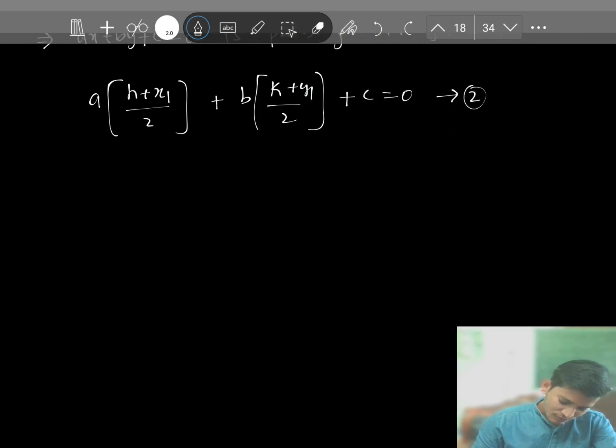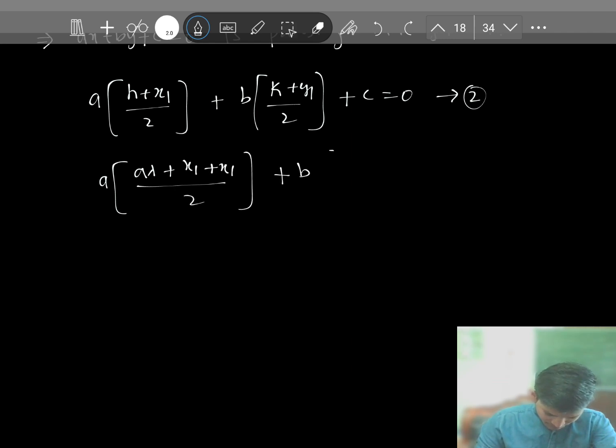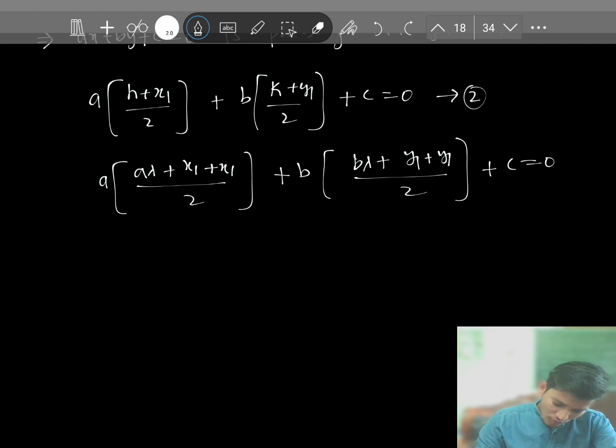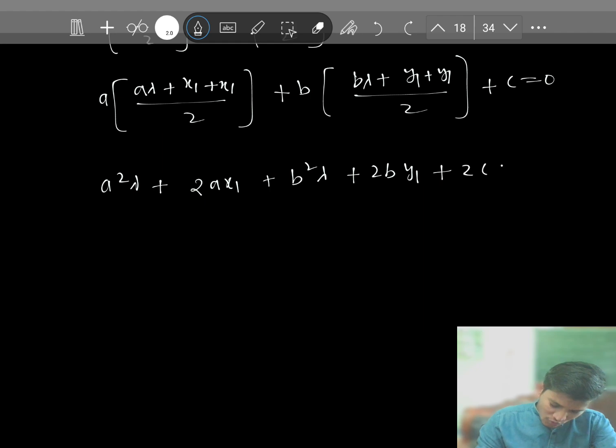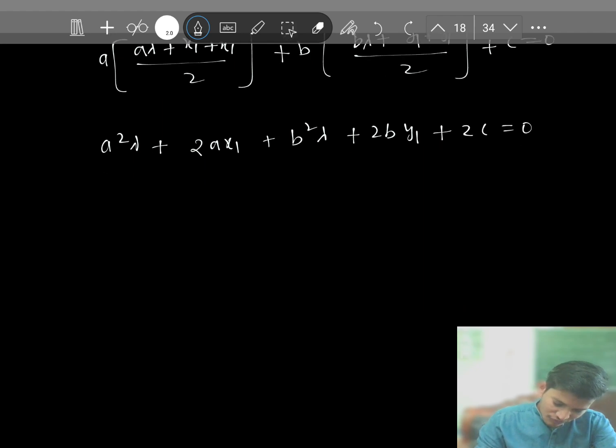Substitute these two values in equation number 2. Then the equation comes out to be a into (a lambda plus x1) divided by 2 plus b into (b lambda plus y1) divided by 2 plus c equals to 0. So the total equation comes out to be a square lambda plus 2 a x1 plus b square lambda plus 2 b y1 plus 2c equals to 0.